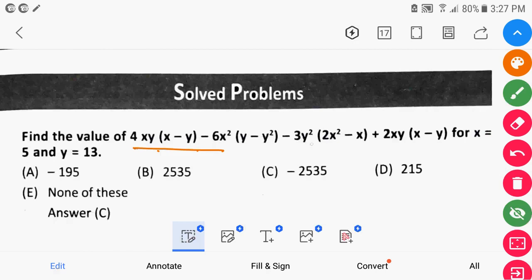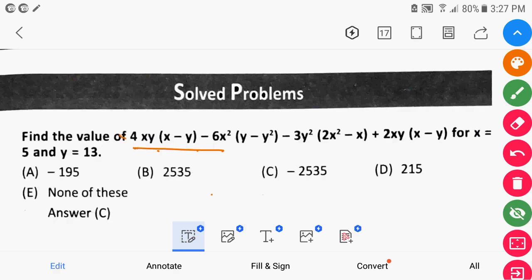minus y square minus 3y square into bracket 2x square minus x plus 2xy into bracket x minus y, and for x equal to 5 and y equal to 13 we have to find the value of this expression. Now the first thing we have to do is simplify this expression.